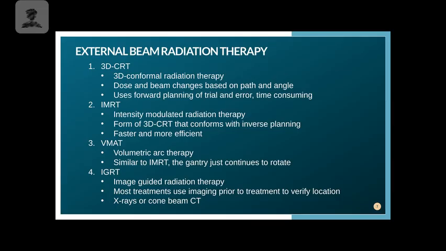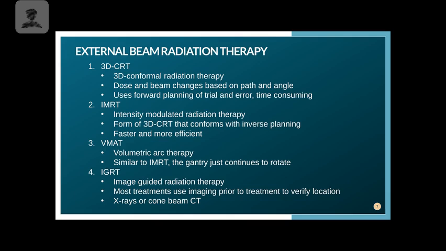Because if they say, all right, I'm going to have 5 different beams come from 5 different angles, and let's say they get through 4 of 5 and they realize, oh, well, I'm already giving too much dose to this location, or my tumor is not receiving enough dose, then they have to scrap what they've done and then restart, or at least fix a couple beams. So it takes a while before they're able to create a perfect treatment plan.